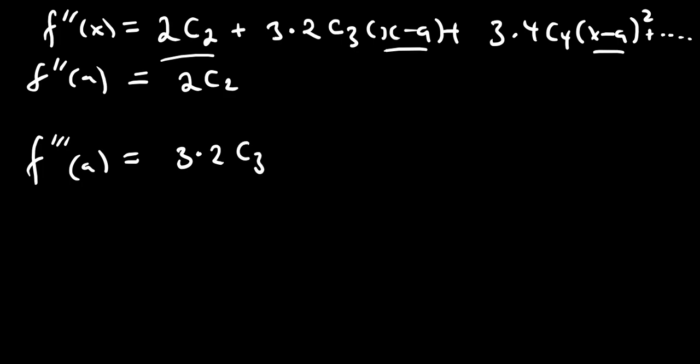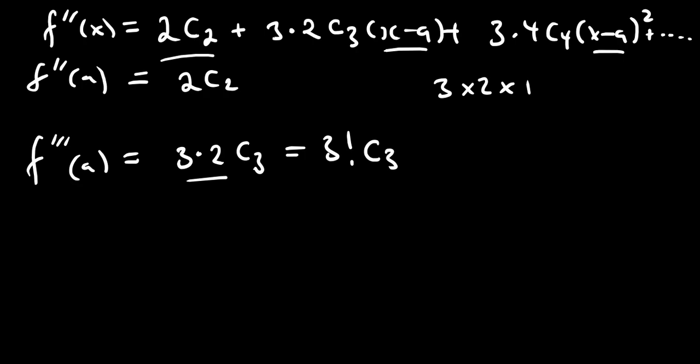I can write this part as 3 factorial, because 3 factorial is 3 multiplied by 2 multiplied by 1, which is the same as 3 by 2. So now this here goes with my c3.